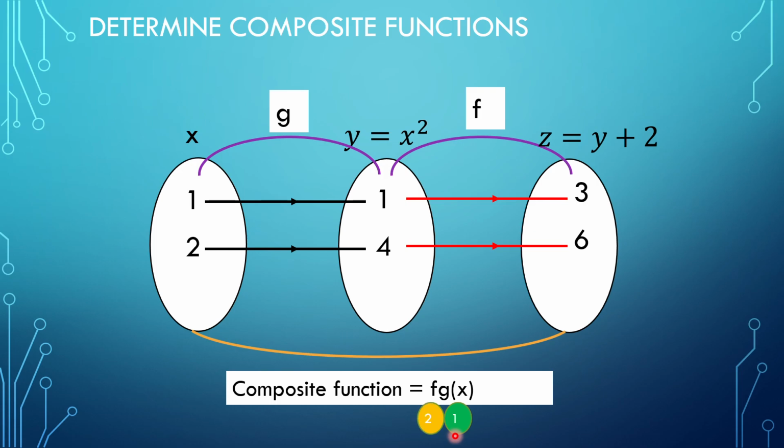The outer side is written as the second function. So this is how you write the composite function. Do not make the mistake of writing gf. It has to be written as fg. You are doing g first, so g is written inside, f is written on the outside.